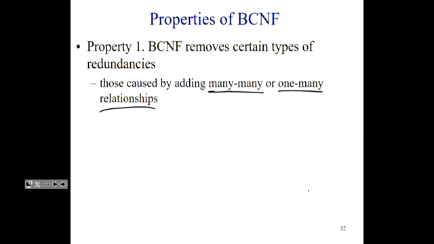These types of redundancies are all removed via BCNF. So it tries to decouple these relations, breaking them down such that there is very little redundancy left behind at the end of it. So that's one property.